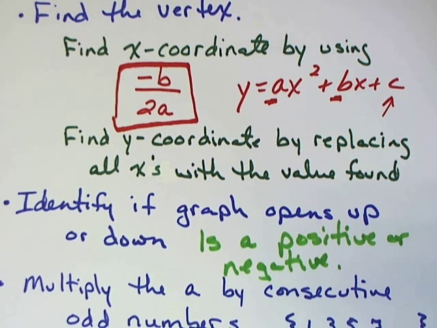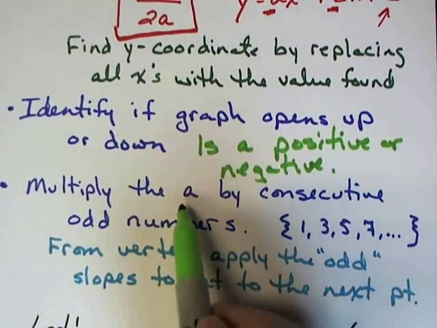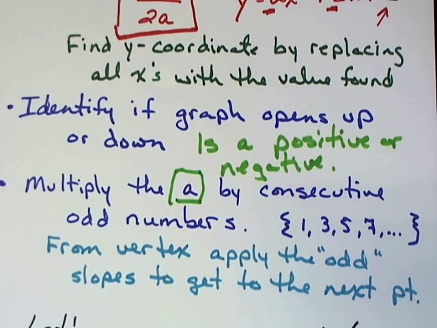Now, what happens with a quadratic is you have a sneaky little thing, the same idea, but it's dealing with odd numbers. You're going to take the a value, which is the number in front of your x squared, and you're going to multiply it times the consecutive odd numbers starting with 1, 3, 5, 7, etc. That's going to give you your slope from the vertex to the first point on either side, and then from that point to the next point.